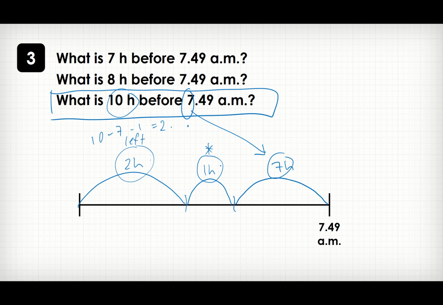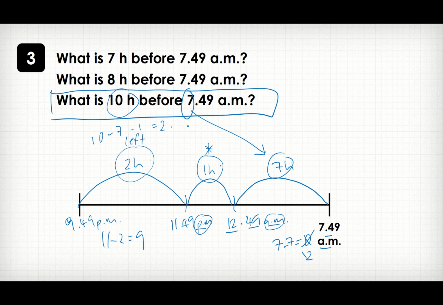Because it is easy to remember. 7 hours before 7:49 a.m. is 12:49 a.m. 7 minus 7 equals not 0 but 12. a.m. remains the same. Minutes remain the same. Go back 1 hour, that will be 11:49, and we change a.m. to p.m. Then go back another 2 hours, that will be 11 minus 2 equals 9. 9:49 remains as p.m.